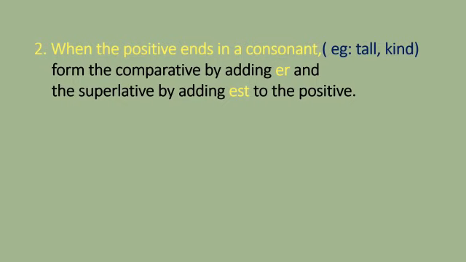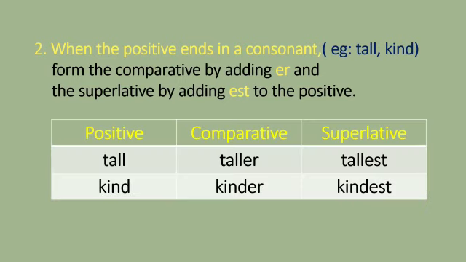Second, when the positive ends in a consonant, example, tall, kind, form the comparative by adding er and the superlative by adding est to the positive. Positive, tall. Comparative, taller.